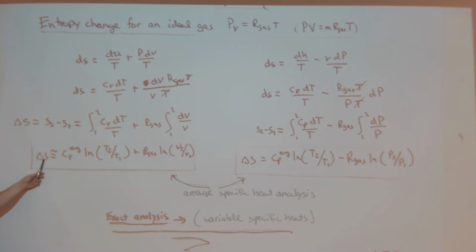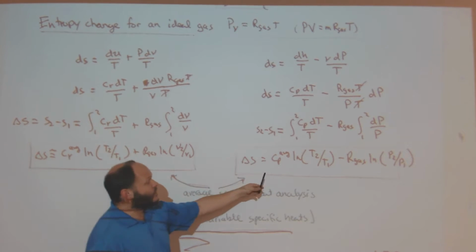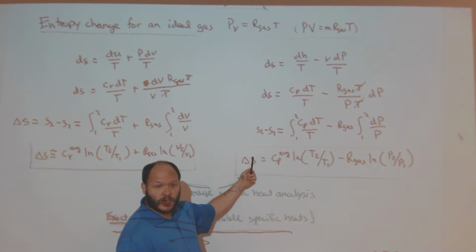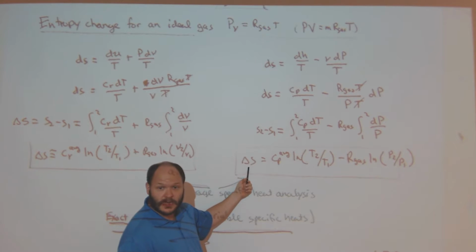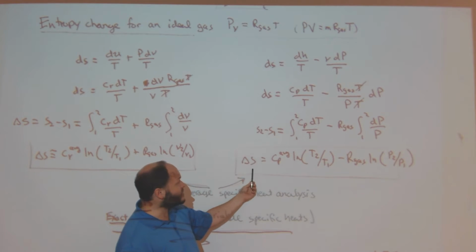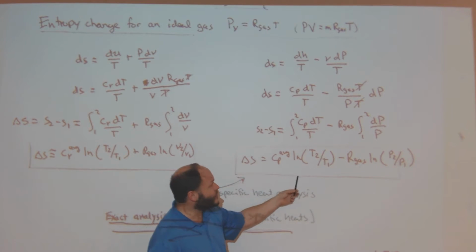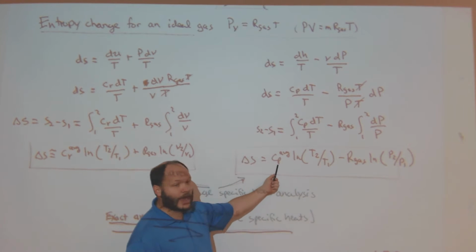The change in entropy of my ideal gas using the first TDS relationship can be simplified to this, where I've used an average specific heat at constant volume. Likewise, the change in entropy of my ideal gas predicted using the second TDS relationship goes as follows, where in this case I simplified it to such, using the ideal gas law and an average specific heat at constant pressure.